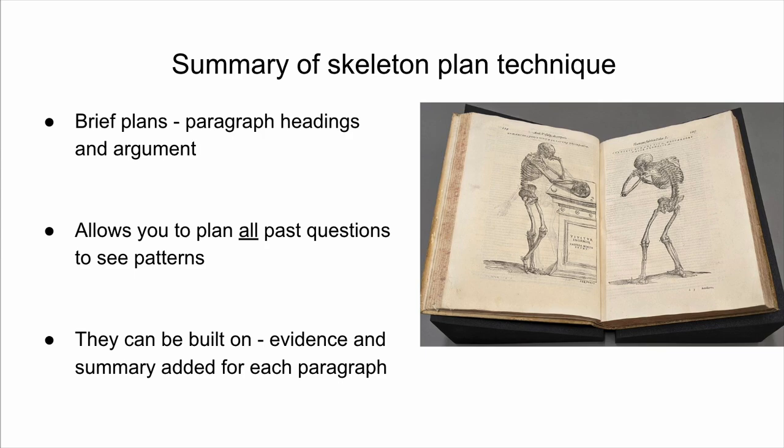So I hope that's been useful, and I hope that's helpful for people who are revising for their A-level history exams, whether that's the final exams or mock exams. Try and use this method to help you plan out all the past questions, and then when you've planned them all out, you can take the next step of adding the detail, and it helps you spot the patterns and trends in the past questions.